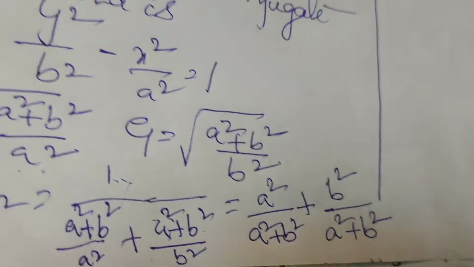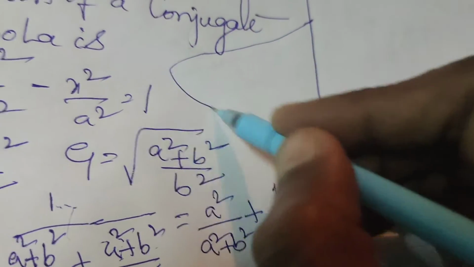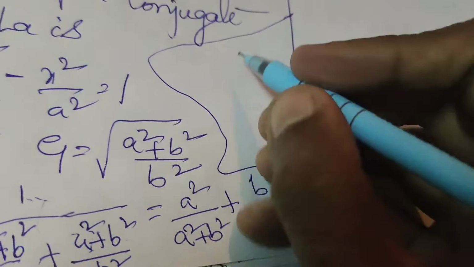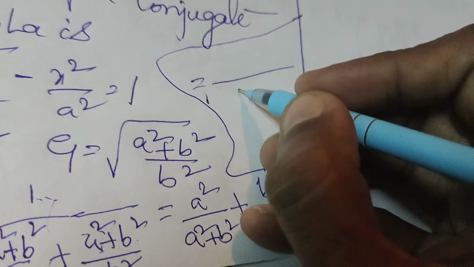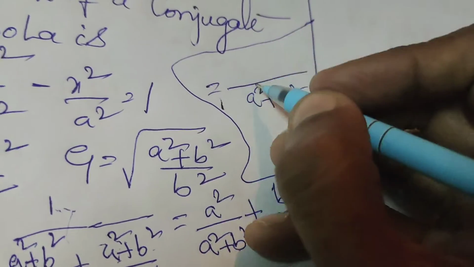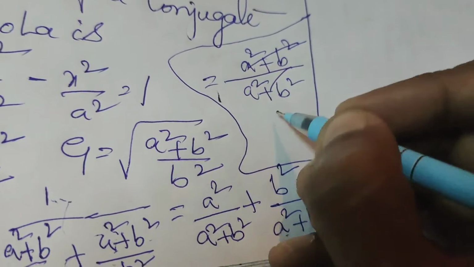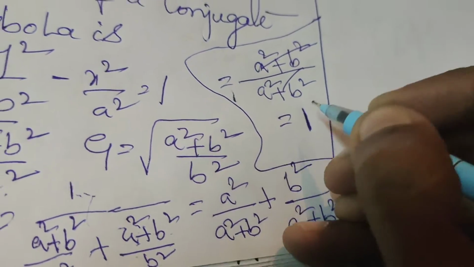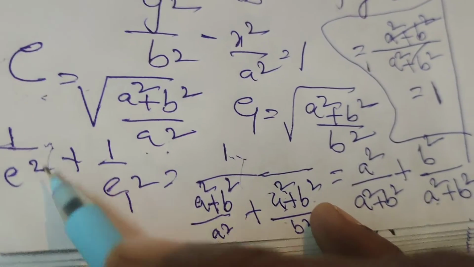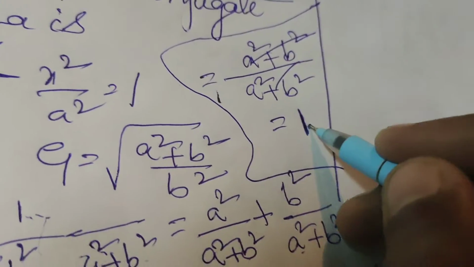Taking the LCM, a square plus b square, the numerator a square plus b square cancels, and that equals 1. Therefore 1 by e square plus 1 by e1 square equals 1.